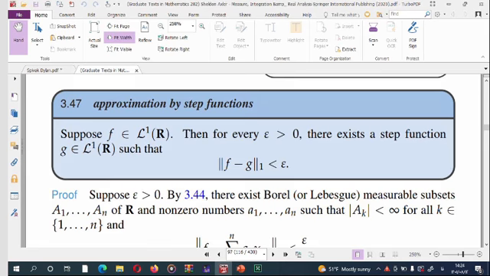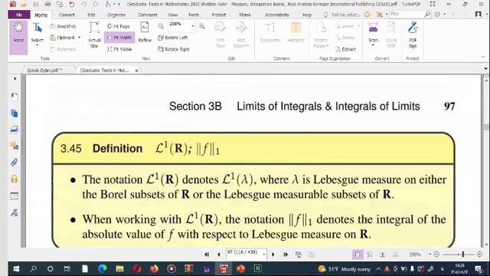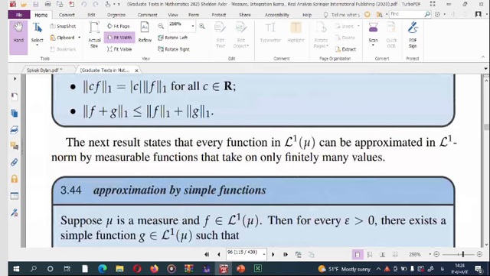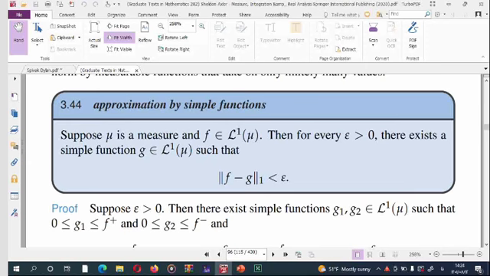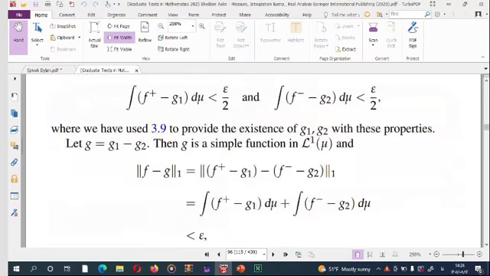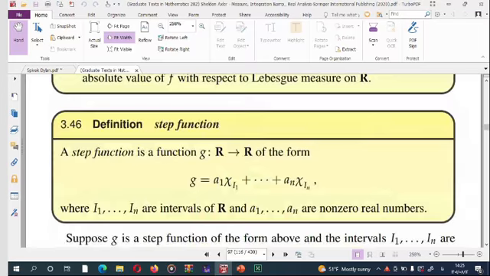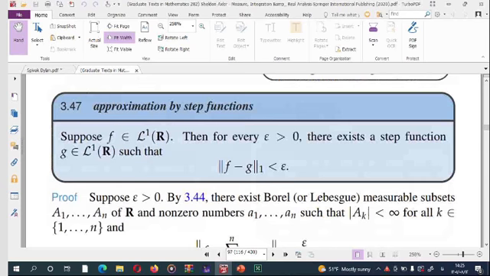We saw that in the general case, for any f in L1 of mu and any epsilon, there exists a simple function g with this property. In the case of X equal to R, for every f in L1 of R and every epsilon, there exists a step function.